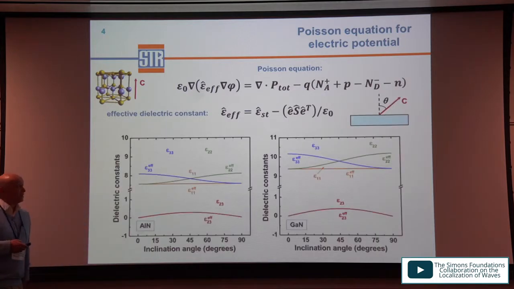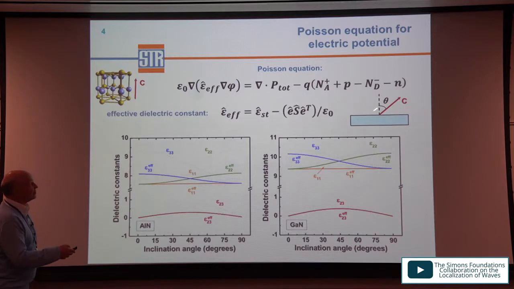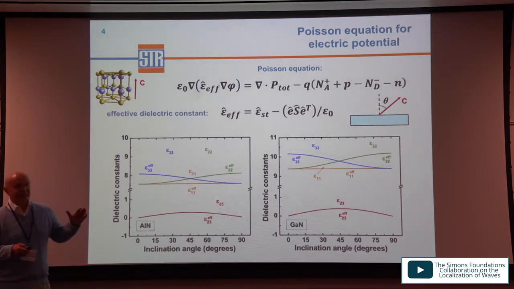To what extent is this important? Here are some examples of calculation of the dependence of a dielectric constant component of the tensor as a function of the inclination angle of the hexagonal axis. So here is the inclination angle. In principle, we can obtain the heterostructure with the normal hexagonal axis and inclined at every arbitrary angle.